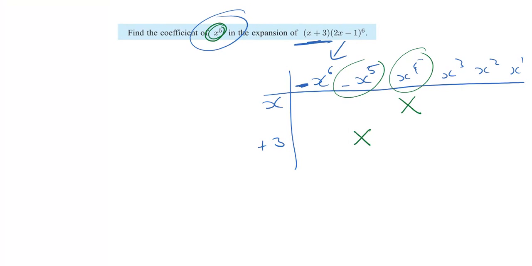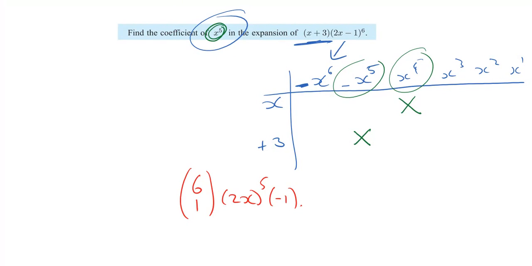Okay, so let's do it then. The x to the 5 term is going to be 6, 1, because we're the second across on the 6th line of Pascal's triangle. We're going to have 2x to the power of 5, and there's going to be just one lot of minus 1 there.